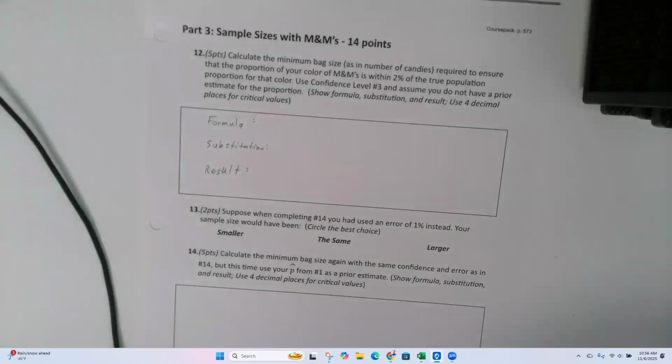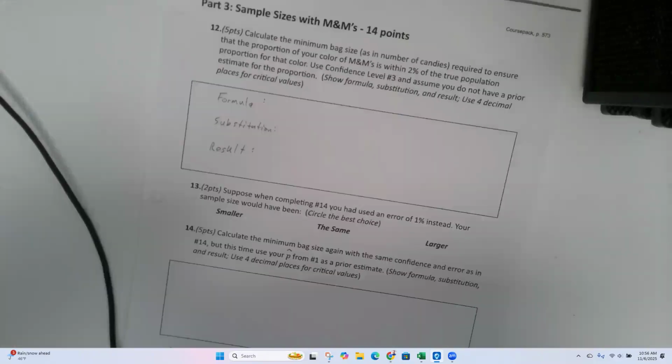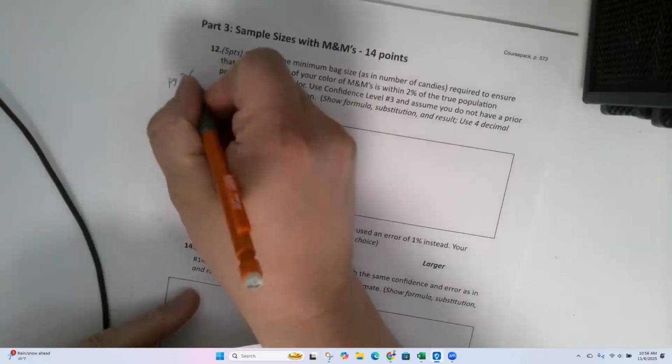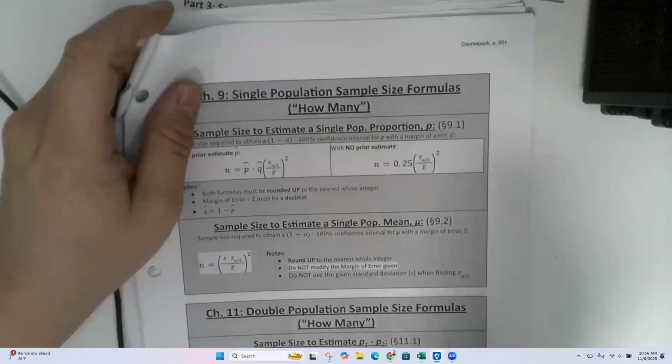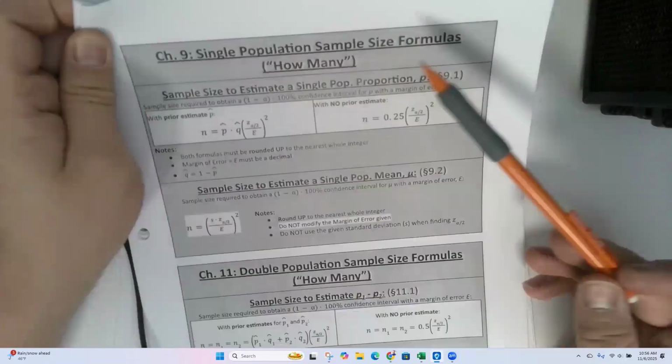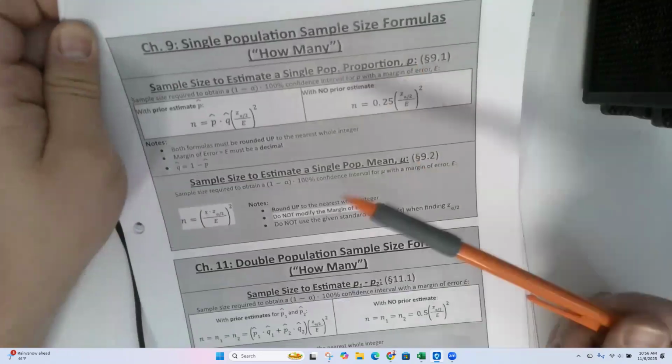You'll find the formulas for that on page 261 in our course pack. And there's two of them, depending on whether you're looking at sample size for proportions or means.